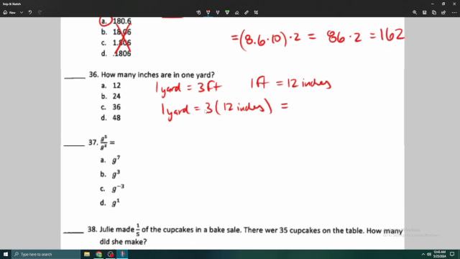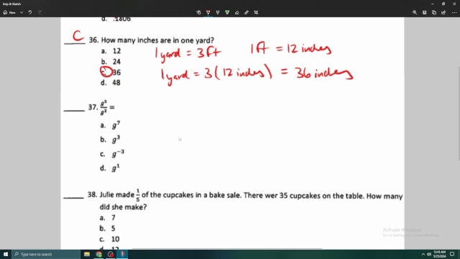And so 1 yard is 3 times 12 inches. That's going to be 36 inches, right? So 12 inches in a foot, 3 feet in a yard, 1 yard is 36 inches.